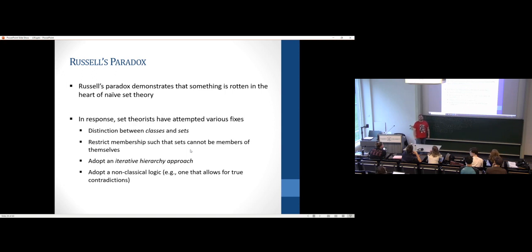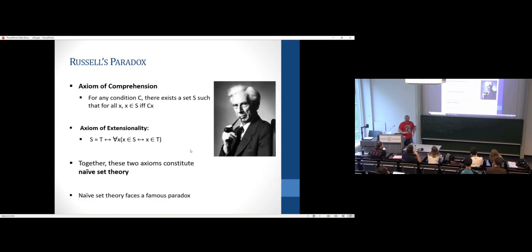Yes? What is the difference between naive set theory and basic set theory? Good. So, notably, when I told you basic set theory, I never mentioned the axiom of comprehension. That is the difference. I never told you how many sets there are. I gave you no principle like this that tells you how many sets you can make. I only told you a rule for identity conditions for sets and relations they can stand in.